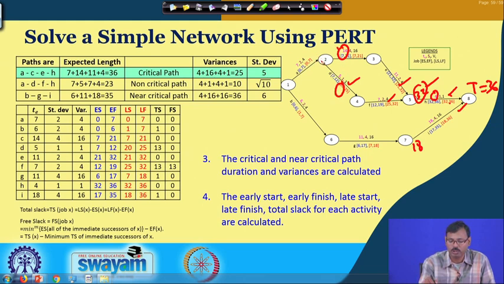So, we have considered 14 minus 7, it is coming 7 here. So, that is why 21 minus 14 is 7. So, 7 minus 7 is 0. So, this is coming 7, this is 0.